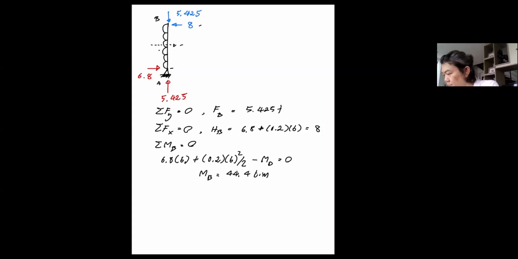Of course, you should see the direction. If you take a moment at B, which is this point, you have the uniform load trying to rotate the member like this. The 6.8 is also trying to rotate your member like this.